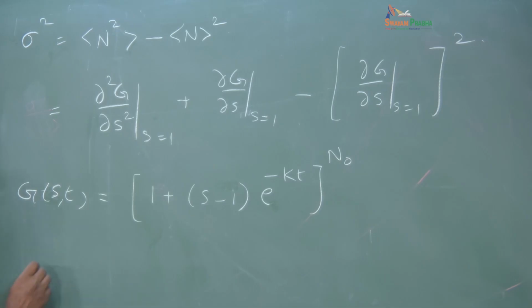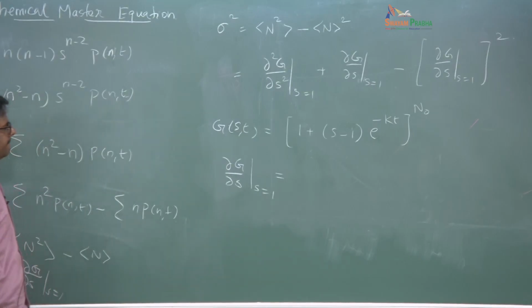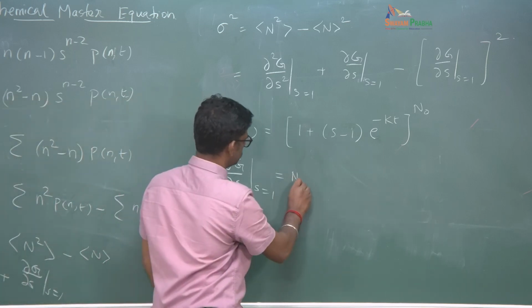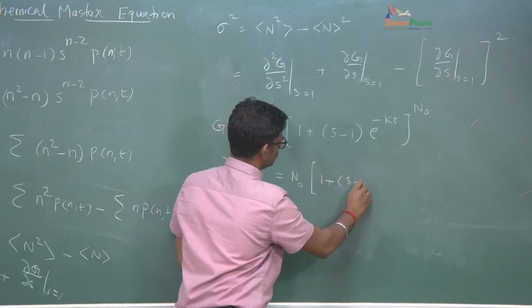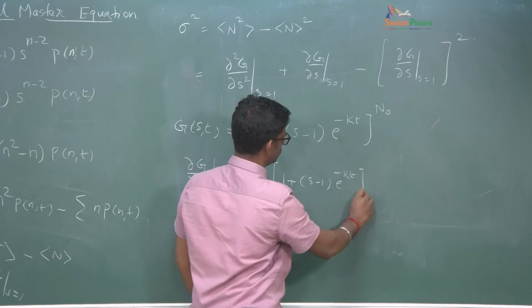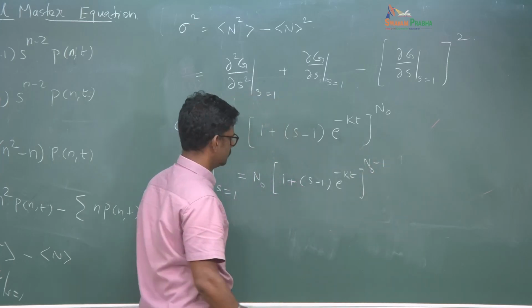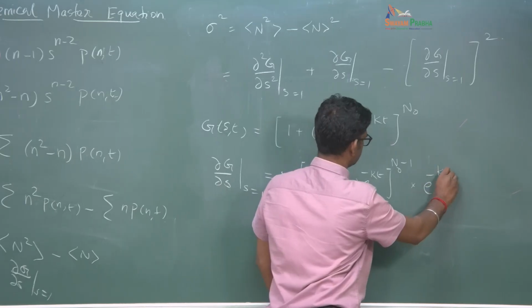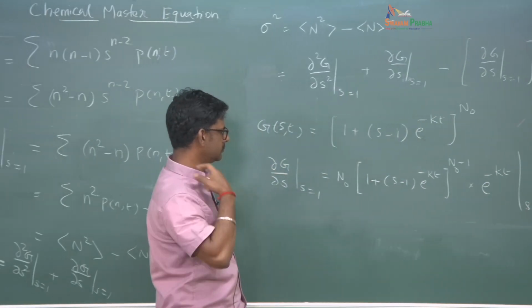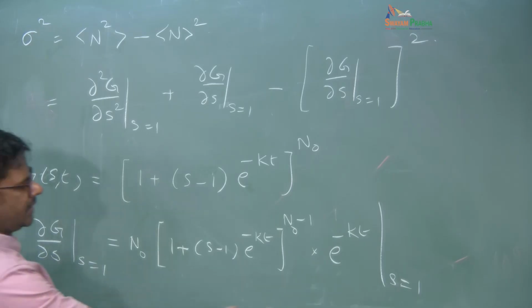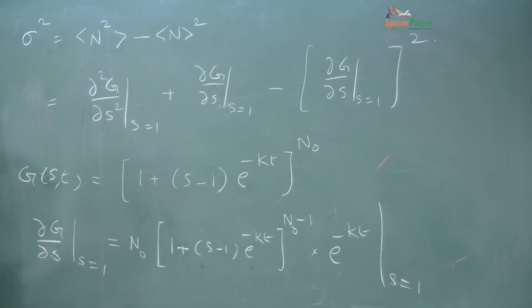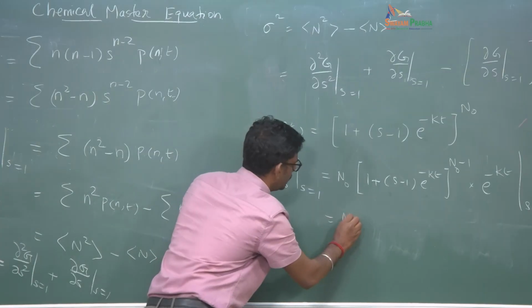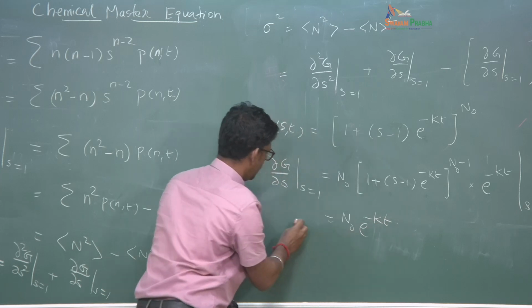So let's look at what we have got for dou g by dou s at s is equal to 1. So when you calculate s is equal to 1, this entire term will vanish. So you'll have only n naught into e power minus kt, and this is your mean, by the way.